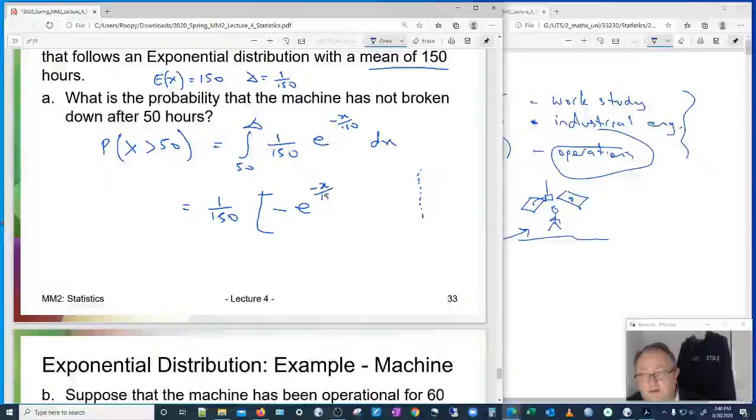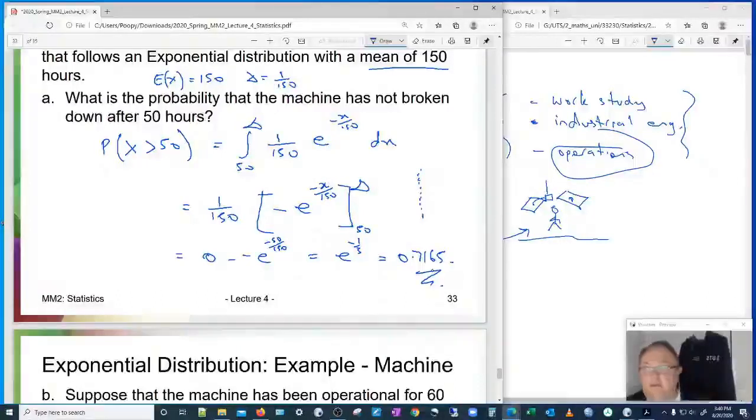And we've got 50 and infinity. The basic expectation is that you would be able to do that, minus 1/3, and so we would get 71.65. All right, so that's calculating that.